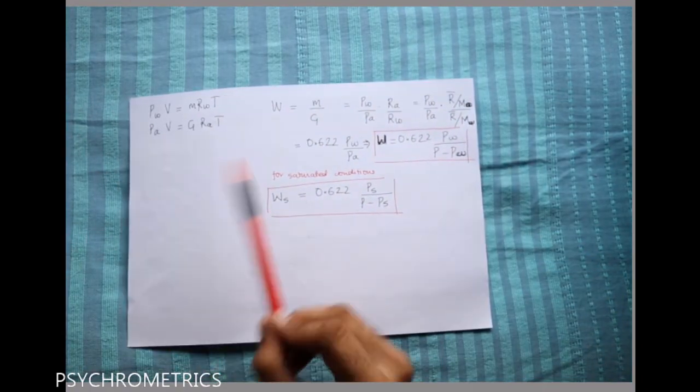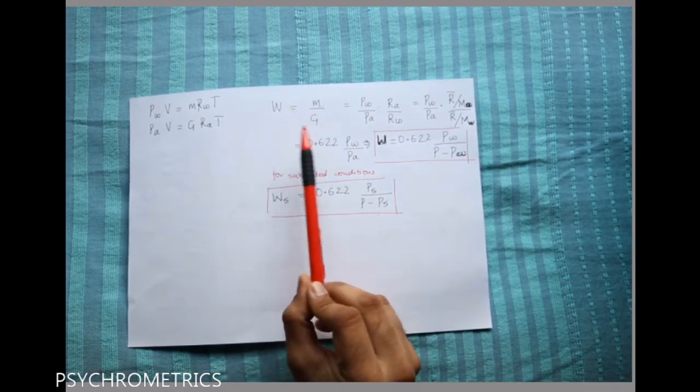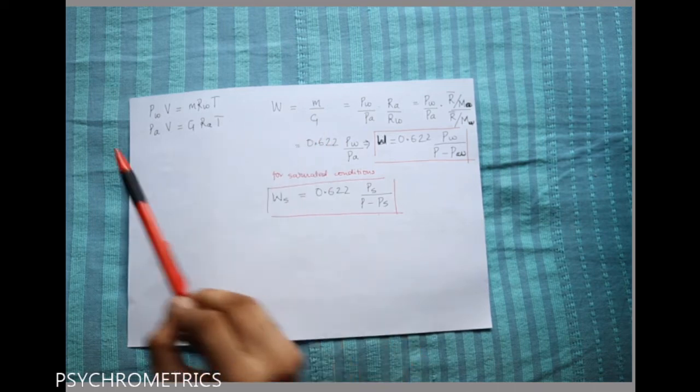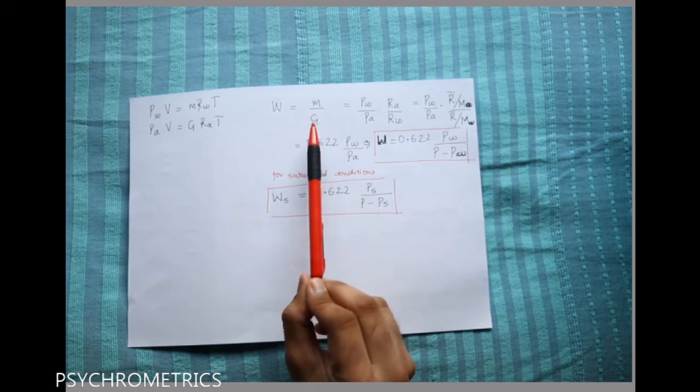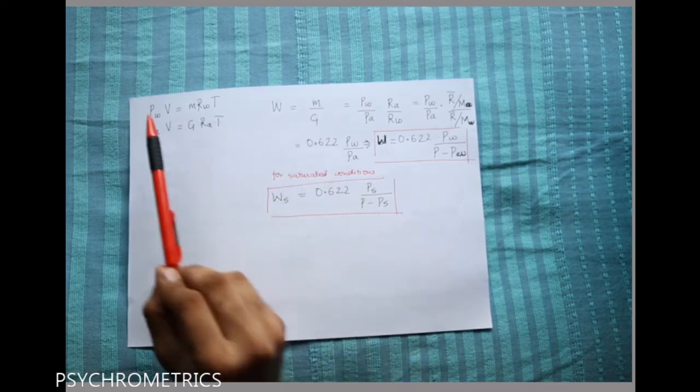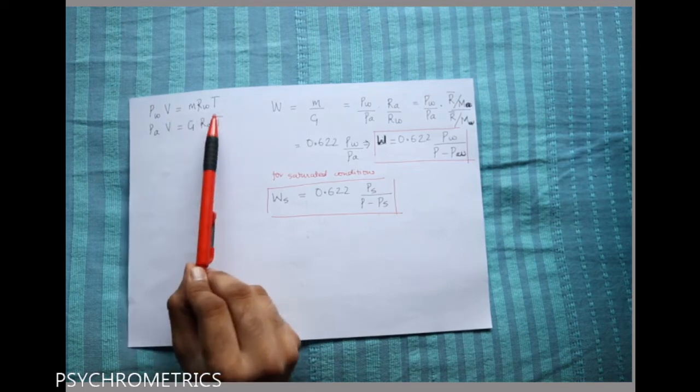Now we are going to simplify this equation, W is equal to M by G, into terms that we can readily measure or infer. M and G are the mass of water vapor and dry air respectively. We are going to substitute them with terms from the ideal gas equation.